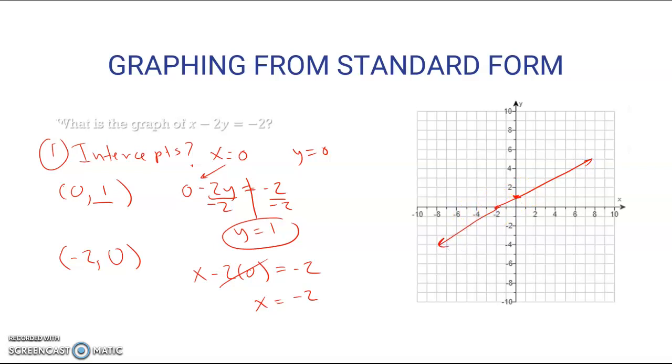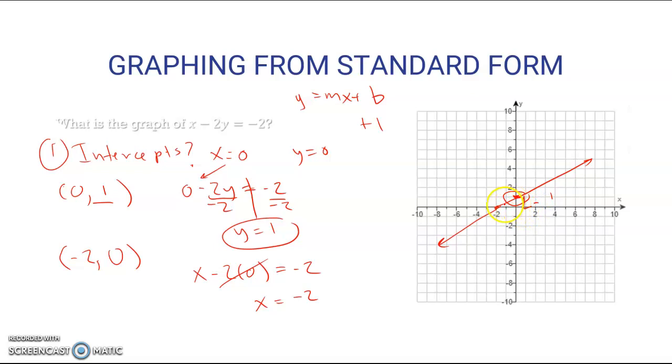Pretty easy to do. I mean, yes, I could do the same thing and convert this to slope-intercept form, like if this was slope-intercept form. Obviously, I want to start. My y-intercept is already found for me, that's positive 1, right? And I do have a positive slope, so I'm going to go down and left.